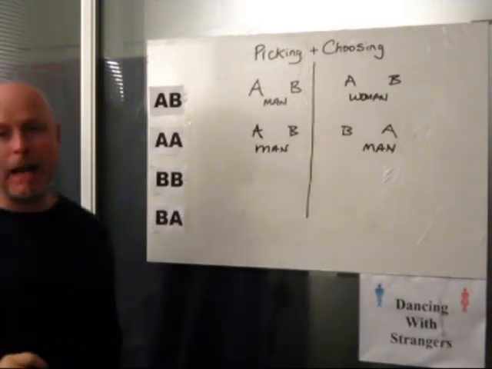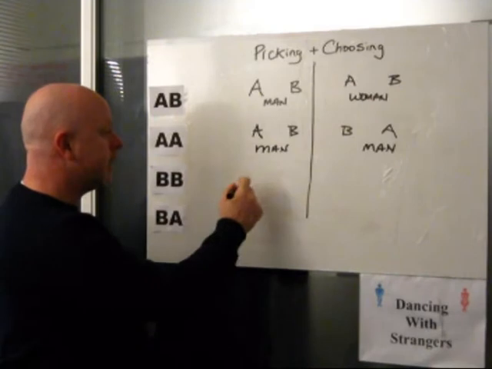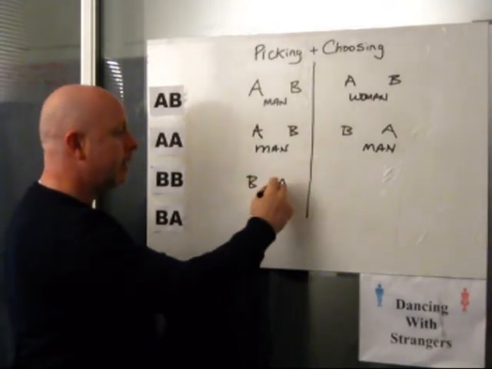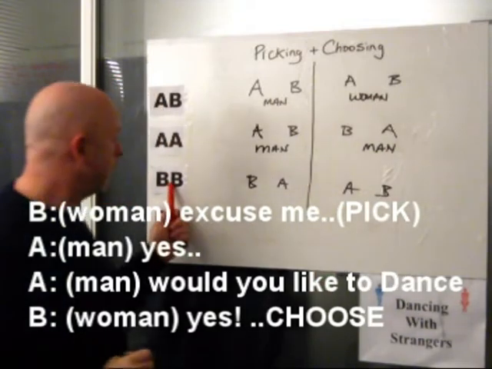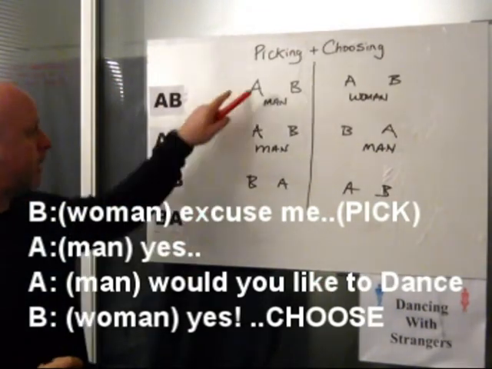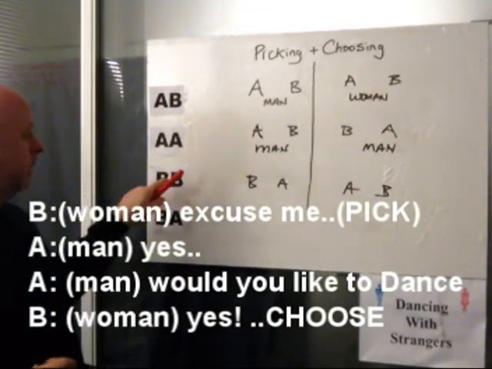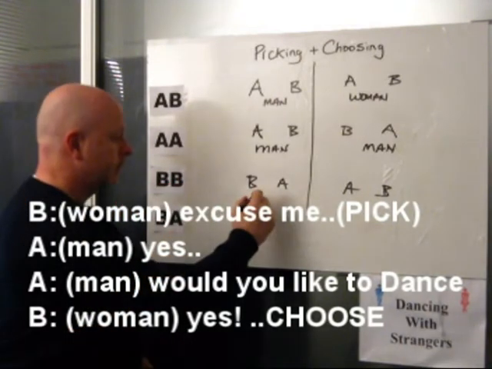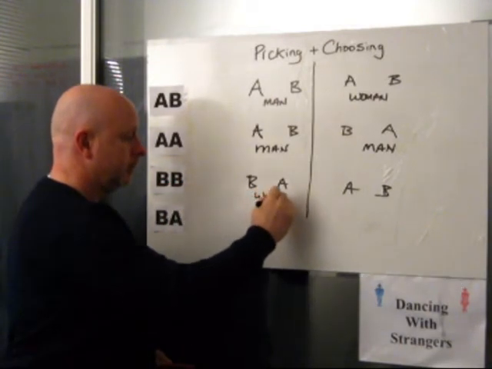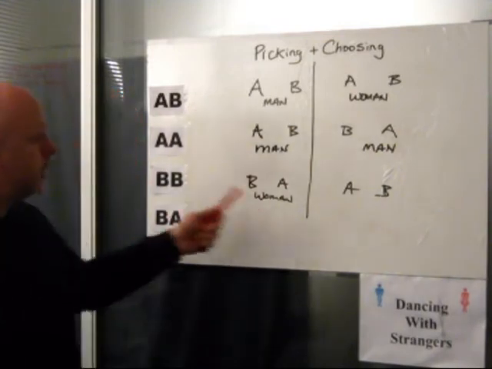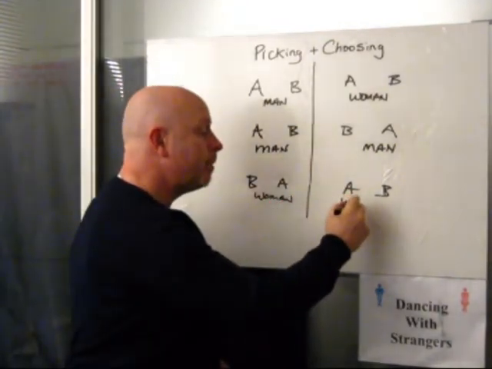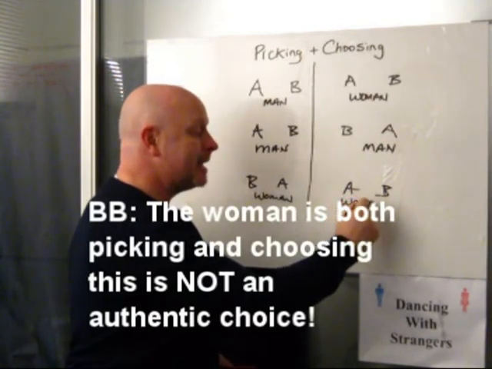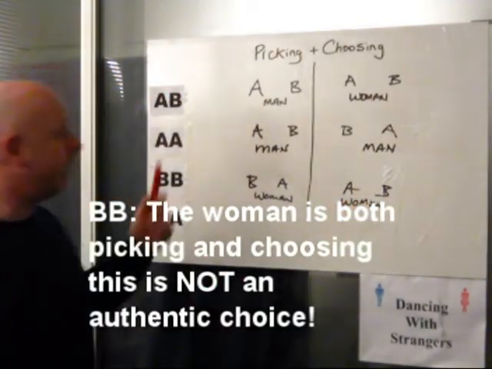So what about BB? What happens? BB, the interaction is BA, AB. Who picks? The first person? The woman. Who chooses, the last person? The woman. So BB, as you would expect, is the exact opposite of AA.